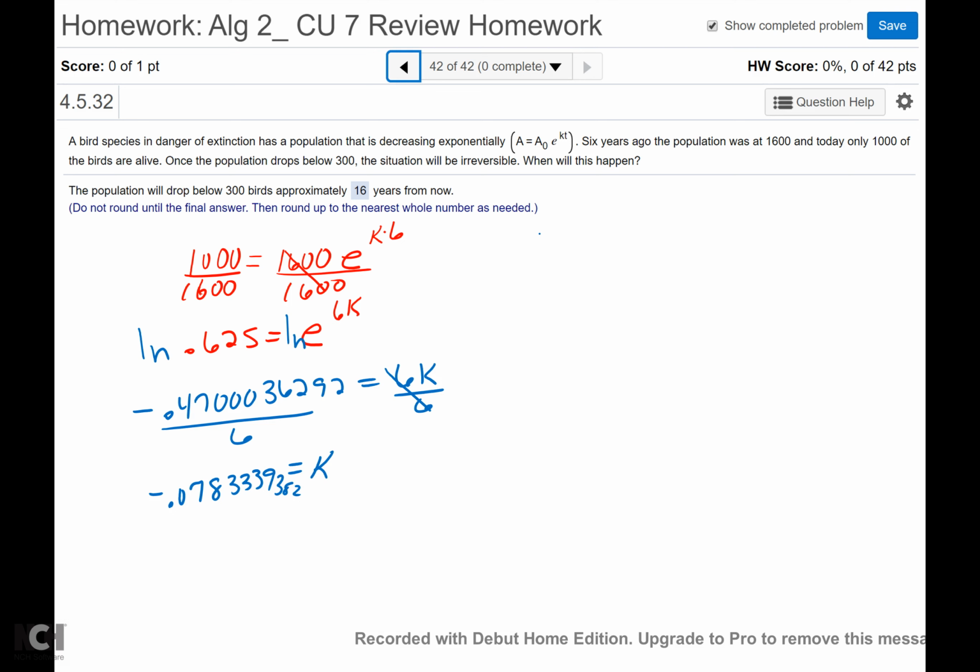So my formula would be the final amount is the original amount, e to the negative 0.078 yada yada yada t. And I want to know, when will the population drop below 300? So I want to know when the final amount of birds is 300 from 1,600 at this decay rate.